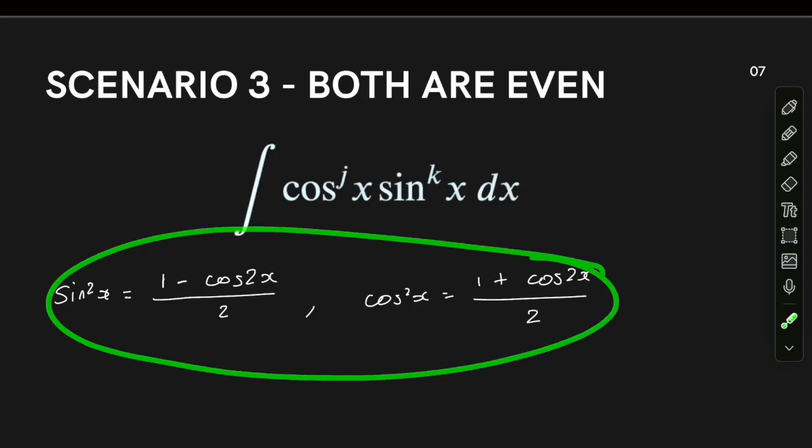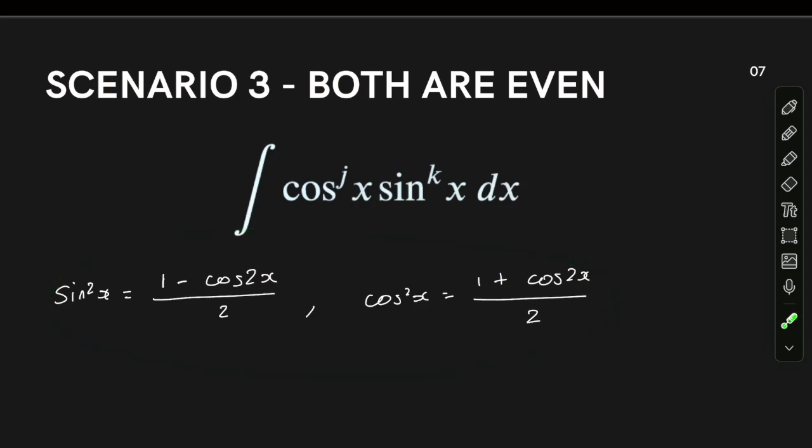These are going to be the two identities that we're going to utilize if both are even. And once we've got these two identities, we are just going to basically reapply the other strategies 1 and 2 where appropriate. So let's get into an example to show that.